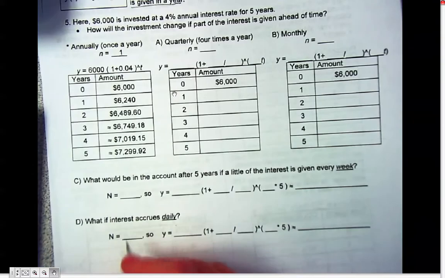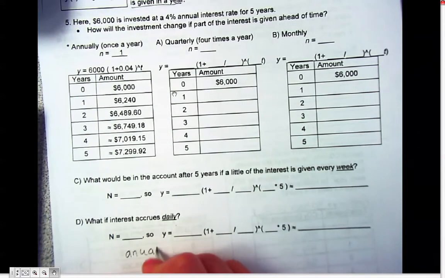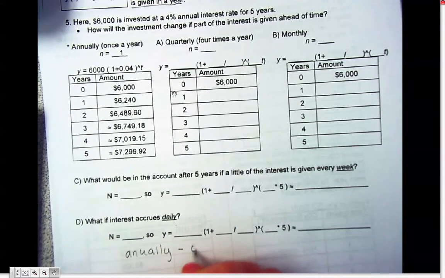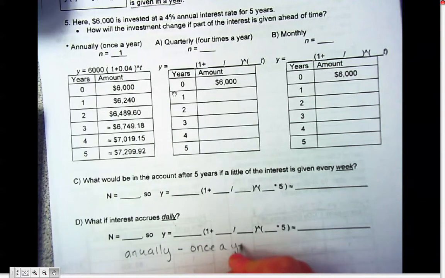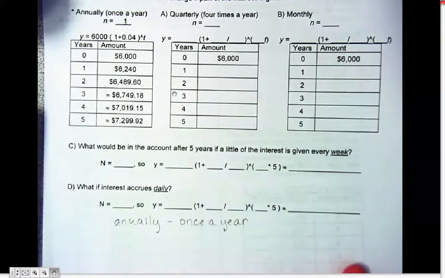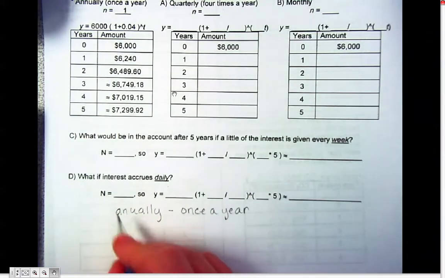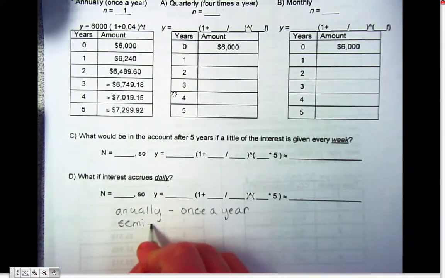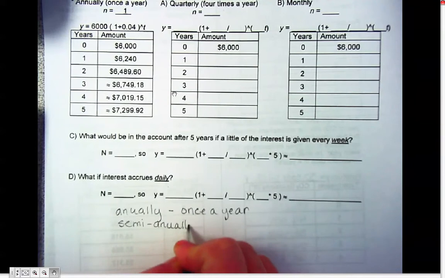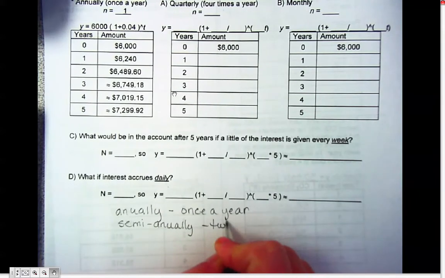They can give you interest annually, which is once a year. Go ahead and write this down because you're going to need to know these words. Okay, they give you interest semi-annually, that's twice a year.